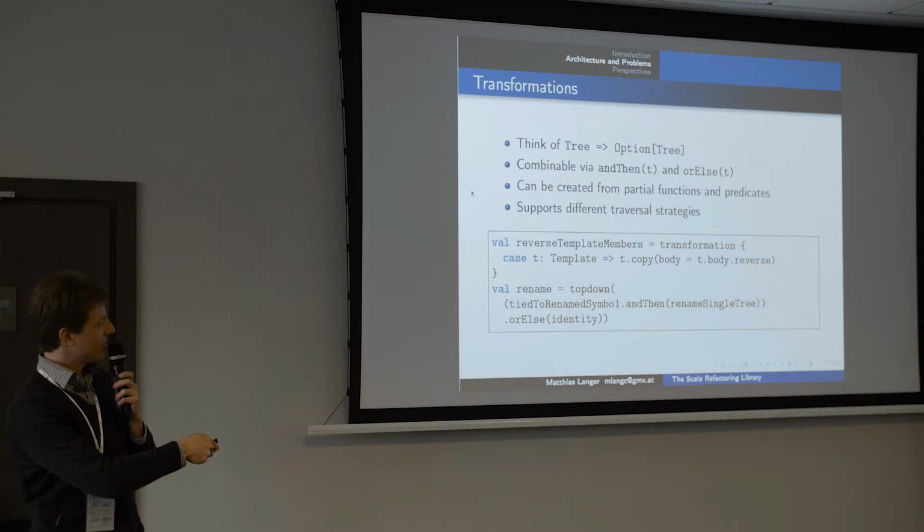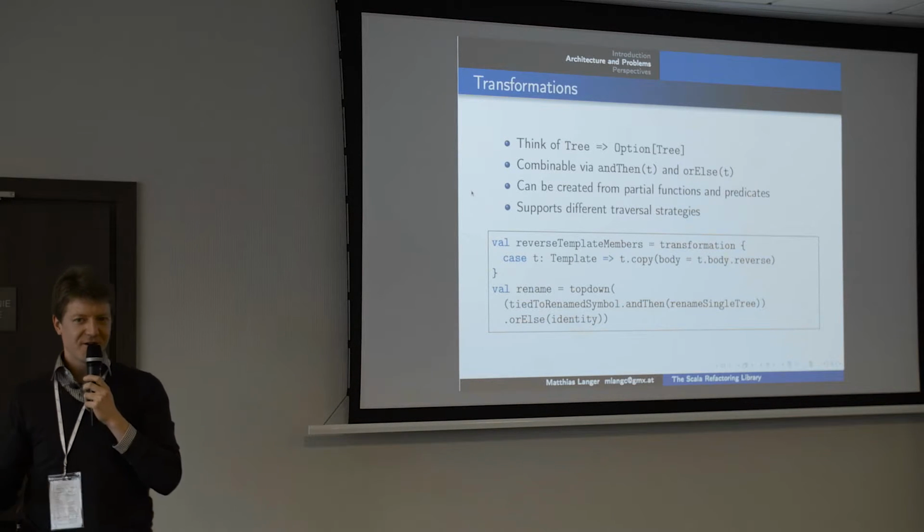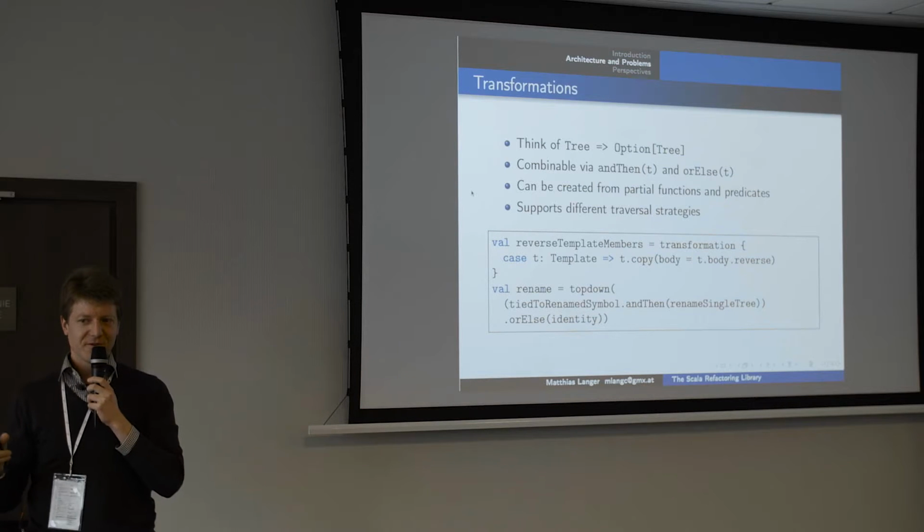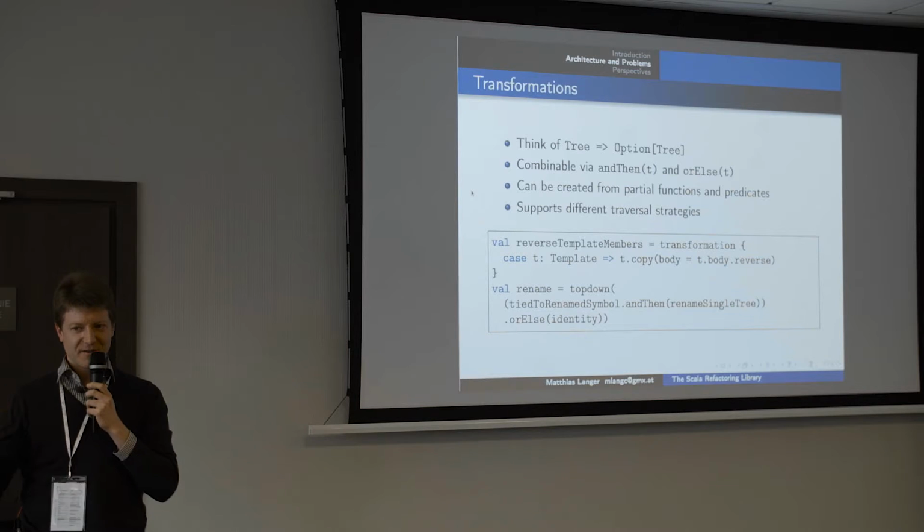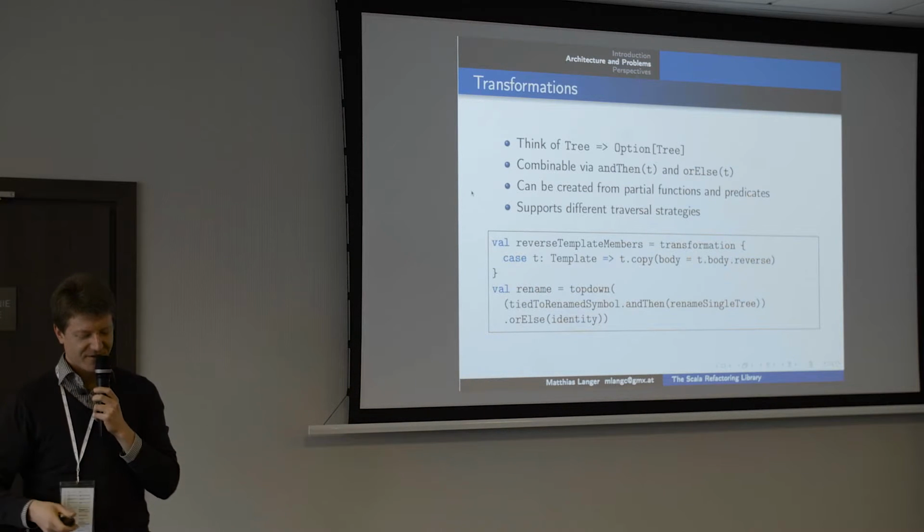So the first example is actually a very useless transformation, but nonetheless, it's created from a partial function that matches only templates. Templates are a type of syntax tree node that is normally used as an implementation for classes and traits and objects.